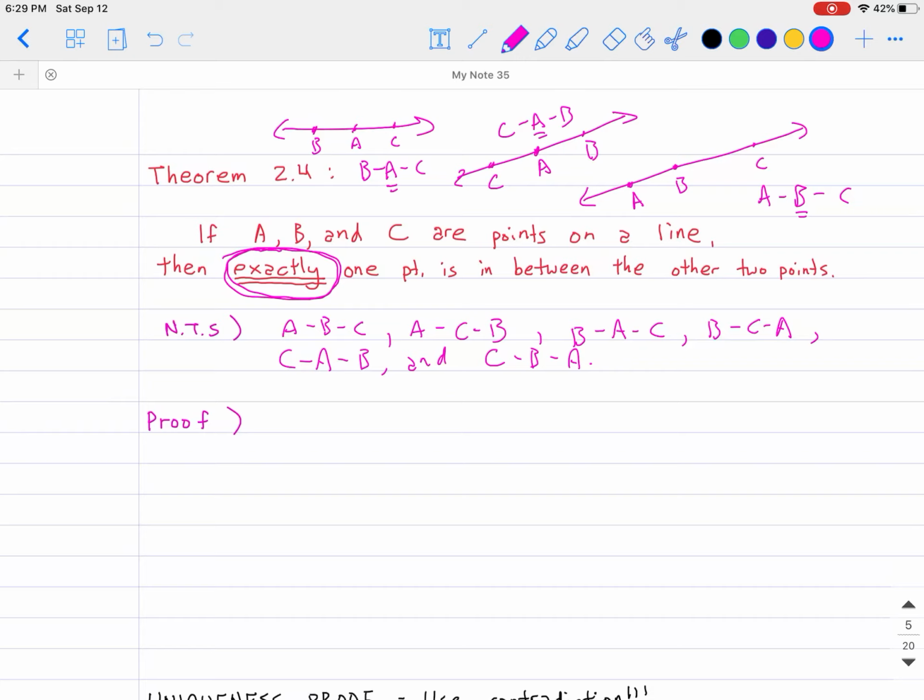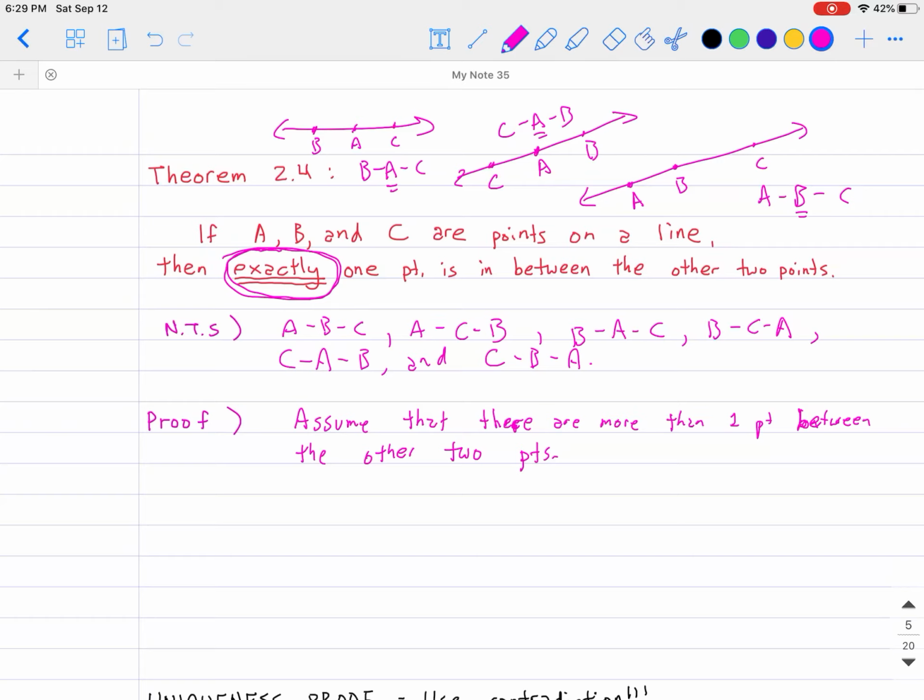And by that I mean, if I'm trying to prove that there is exactly one point that is in between the other 2, then I'm going to go ahead and assume that there are more than one point between the other 2 points.